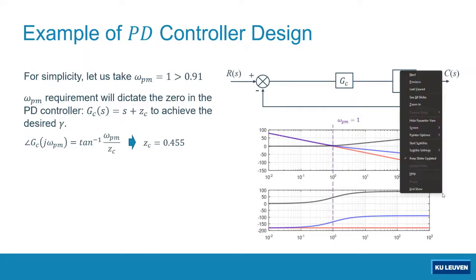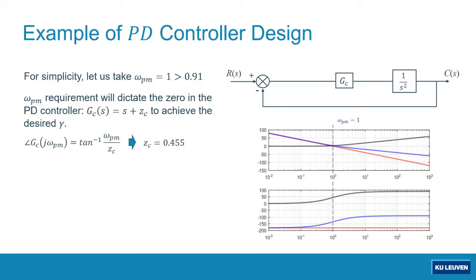So expectedly then, this height will be equal to 65.53 degrees, right? We have designed the ZC. We still have to design KC.